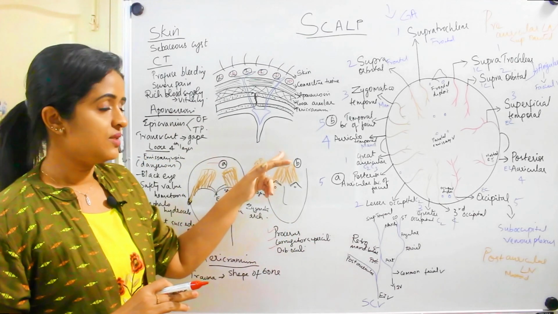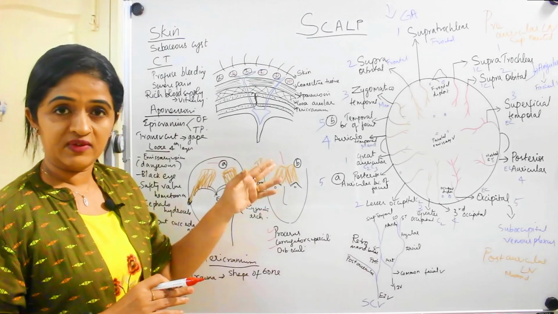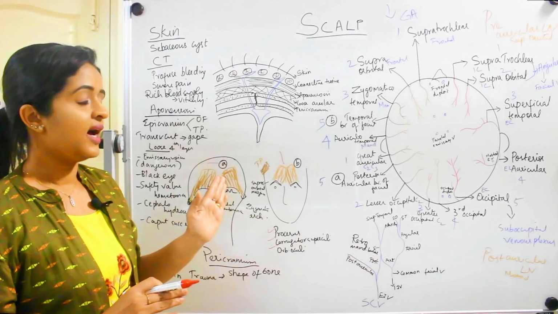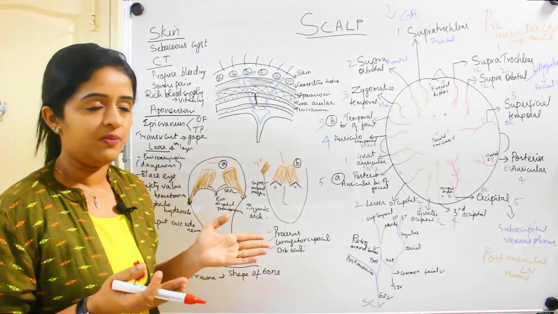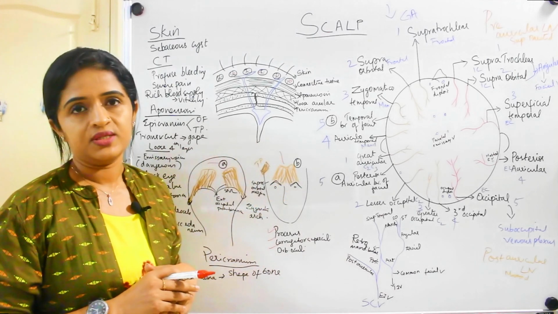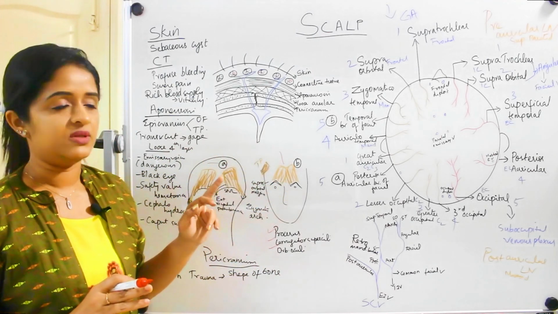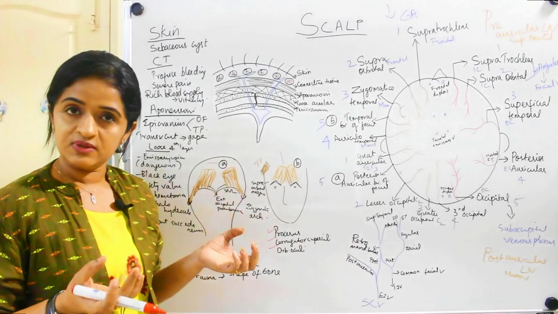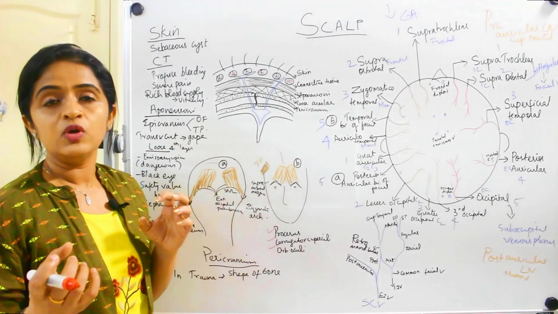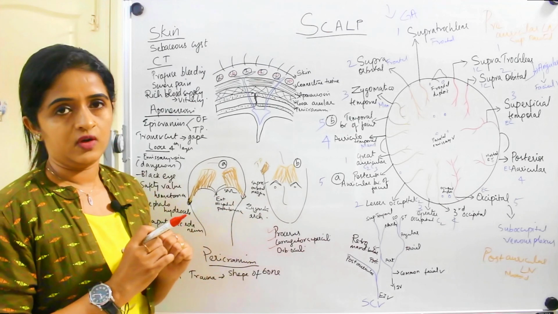But when there is a vertical cut, there is not much gaping and it will heal faster. So that point also you have to remember. The transverse cut gapes because of the pull from the occipital and frontal bellies.